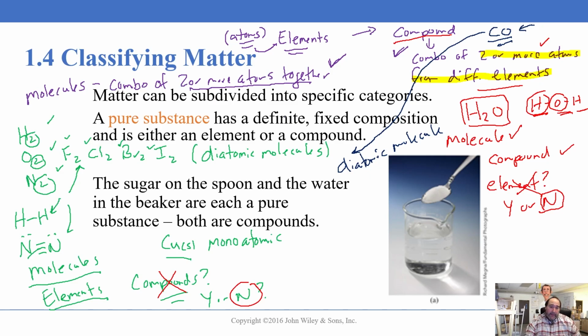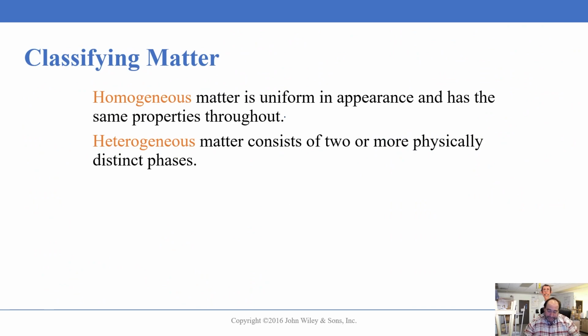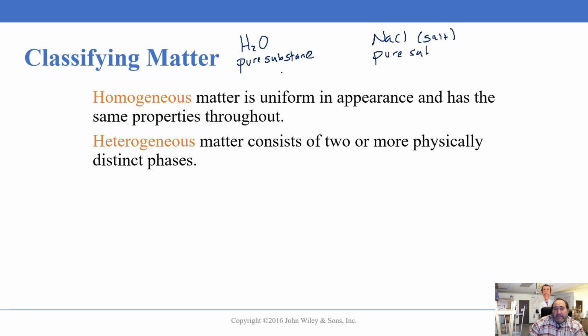So, for example, if we take just water by itself, that is a pure substance. If we take something like sodium chloride or salt by itself, that is just a pure substance.